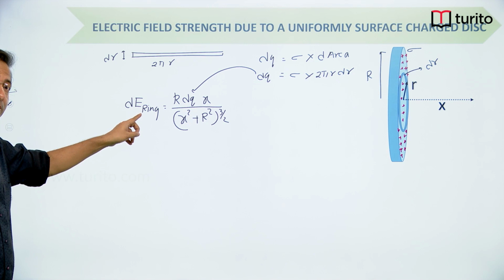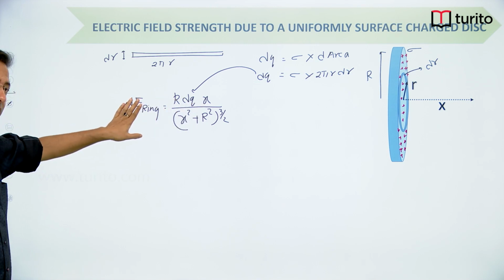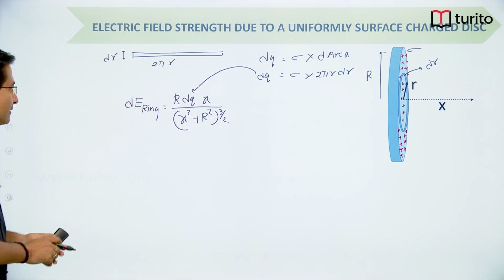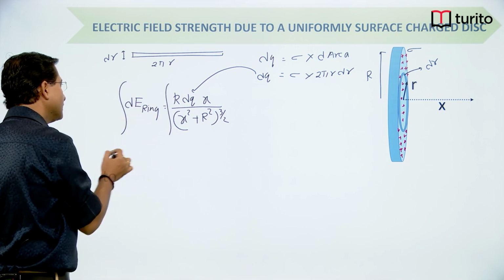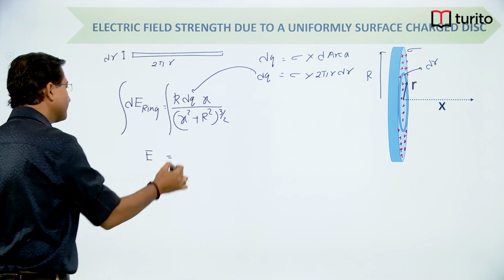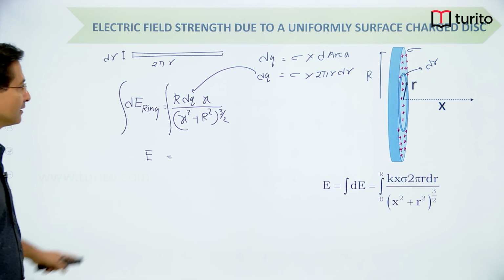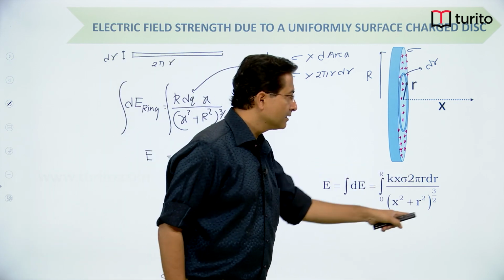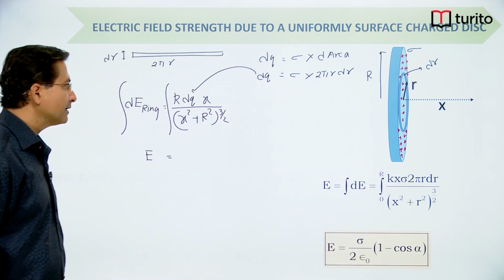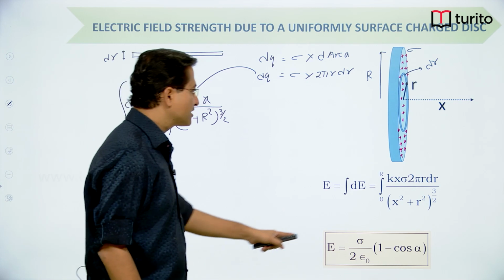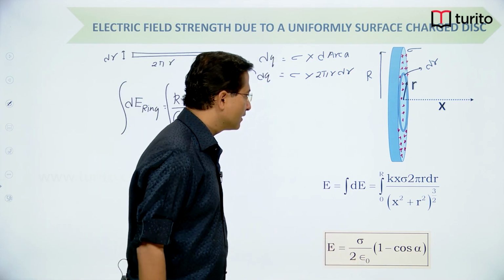This is the field produced by this elemental ring, and if I integrate this expression, then I will get the total field, in this format, sigma upon 2 epsilon naught.